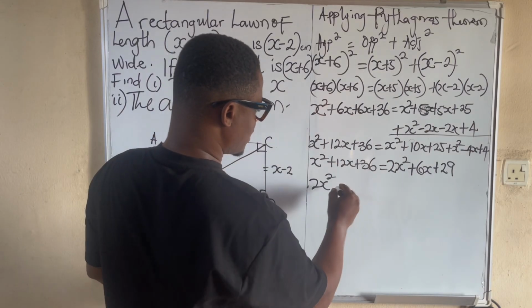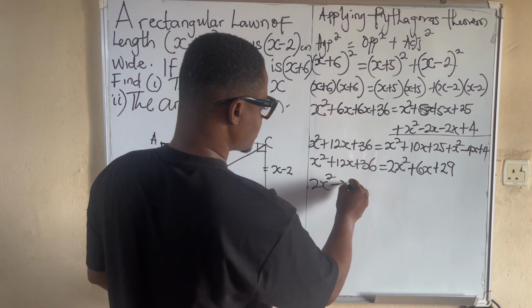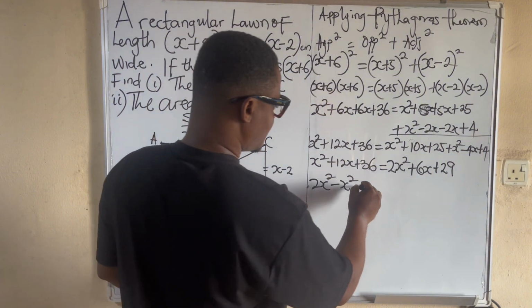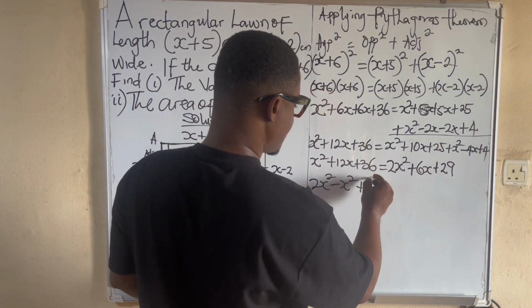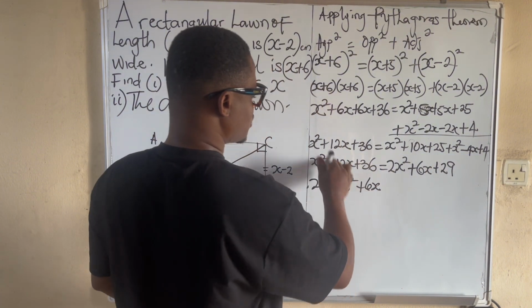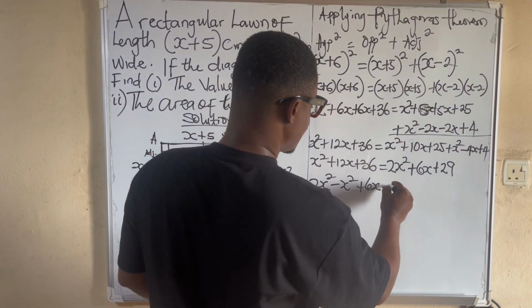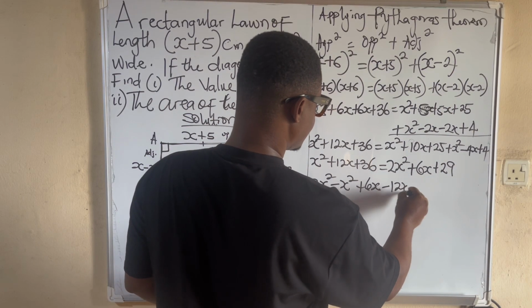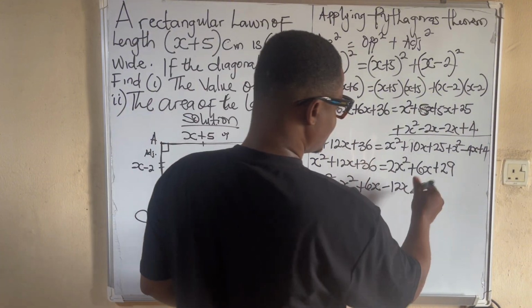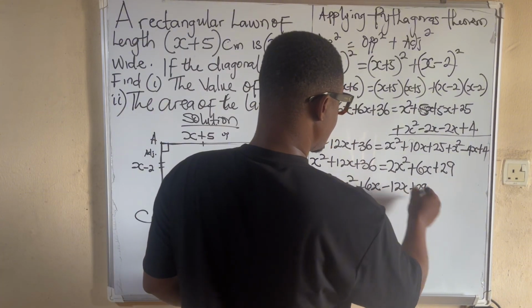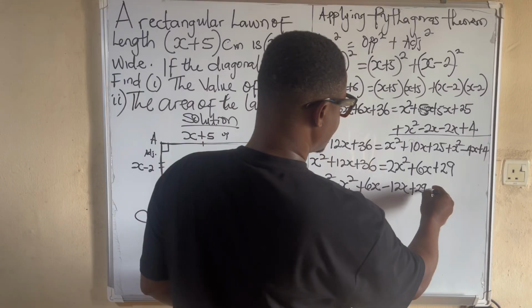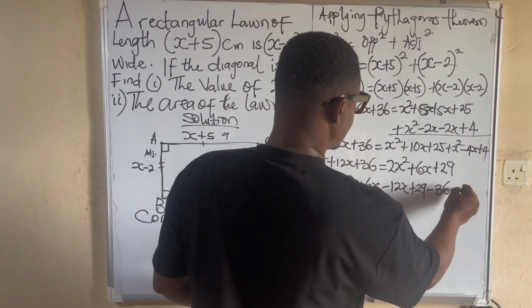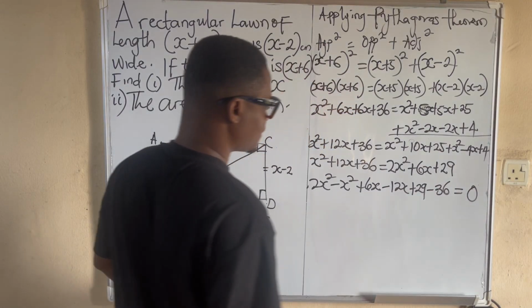This crossing the equality sign, we have minus x squared plus 6x. This crossing the equality sign, we have negative 12x, then plus 29, and this crossing the equality sign, we have negative 36, and this is equal to 0.